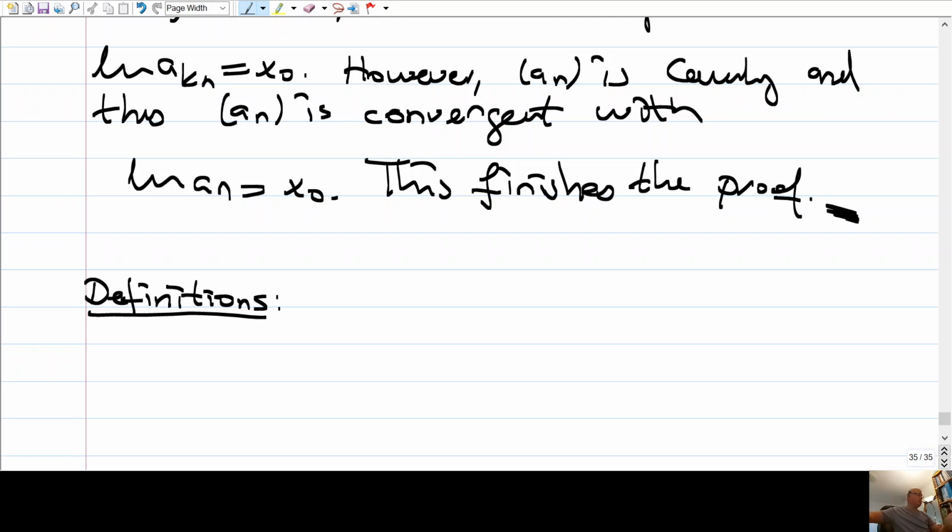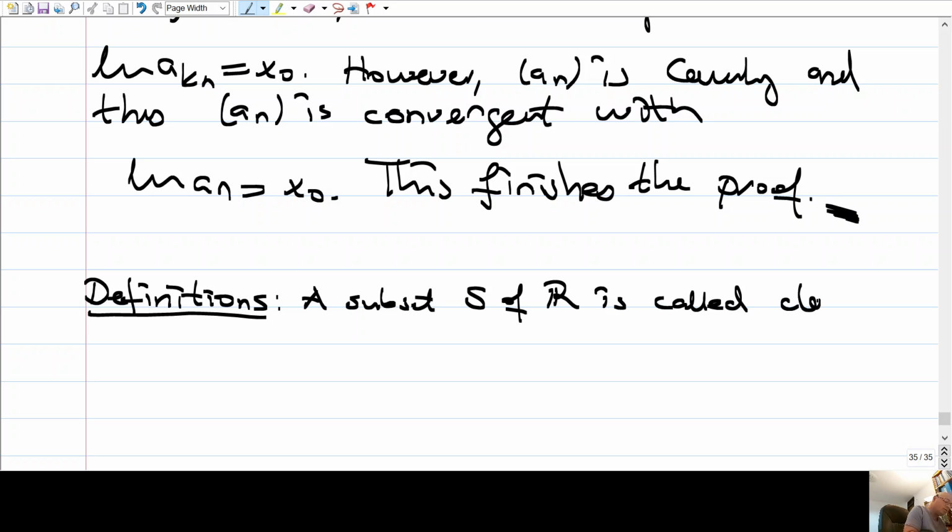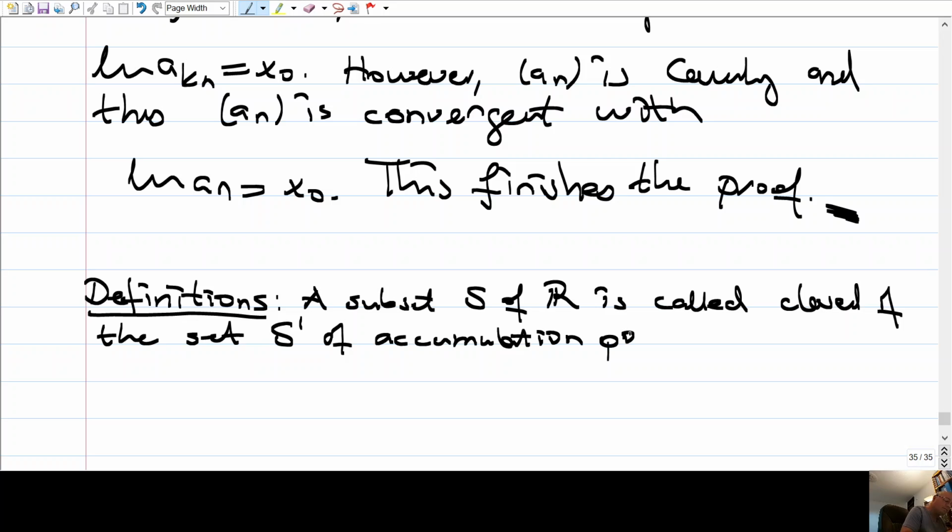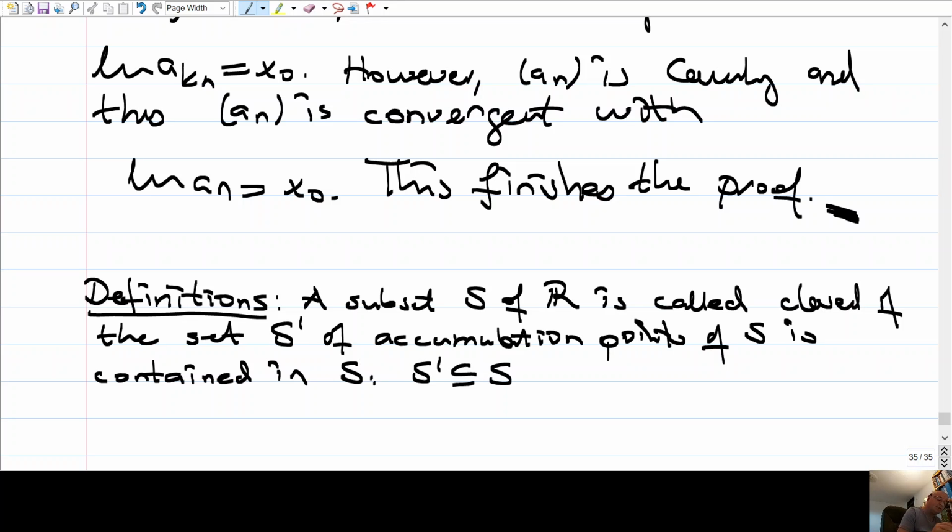A subset S of real numbers is called closed if the set S prime of accumulation points of S is contained in S. In other words, if S prime is contained in S, then we say that S is closed.